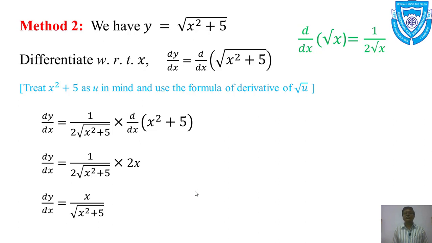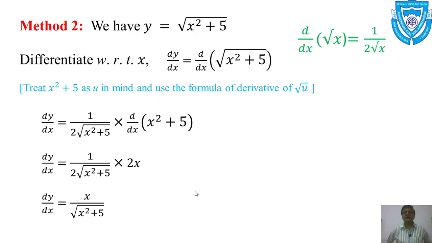Since the derivative of root x is 1 upon 2 root x, the derivative of root u with respect to u is 1 upon 2 root u. So we write dy by dx is equal to 1 upon 2 root x square plus 5 into the derivative of x square plus 5, because we are calling x square plus 5 as u, and we are using the chain rule here. Now the derivative of x square plus 5 is 2x, so just multiply and we get the answer.